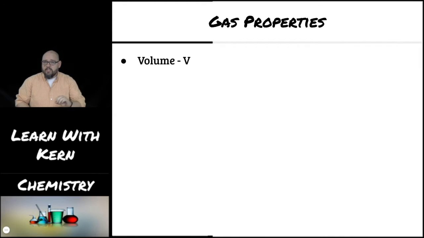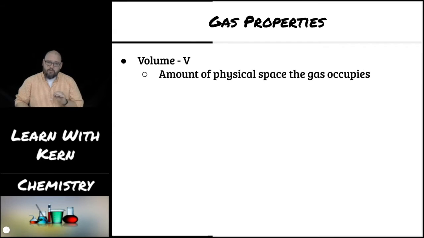So the first property that we need to define is volume, and it's represented in equations with a capital V. Now, the definition of volume is pretty simple. It's the amount of physical space that a gas occupies, so how much space it takes up. Generally, when we're dealing with our equations, our experiments, and all of our calculations, volume is told to us by the size of the container that the gas is in.